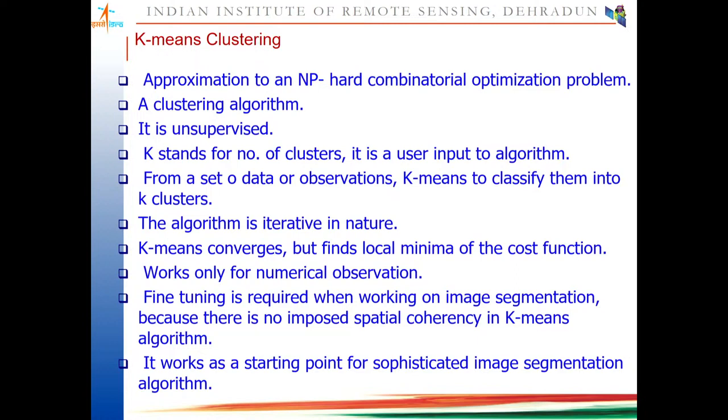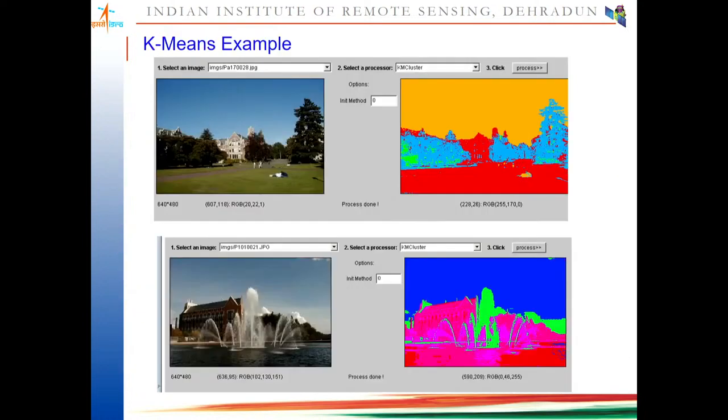Fine tuning is required when we use k-means for image segmentation, because no spatial coherency is imposed in the algorithm. So it works as a starting point for more sophisticated image segmentation algorithms, and we can use this as a basis for image segmentation which involves more advanced segmentation logic.